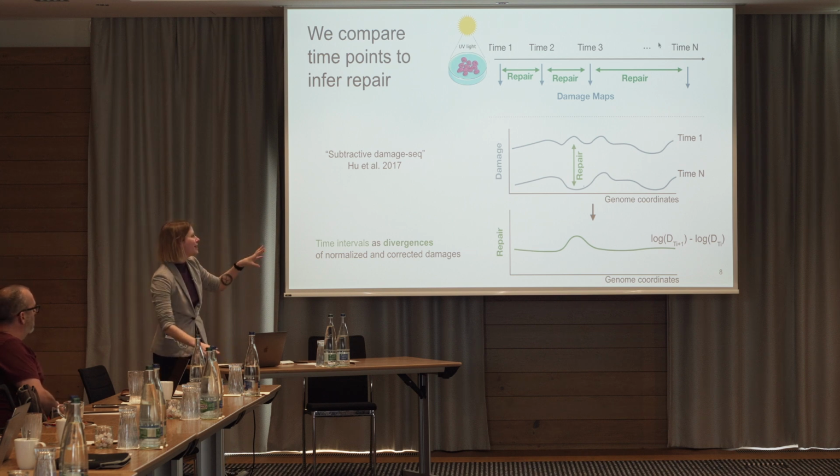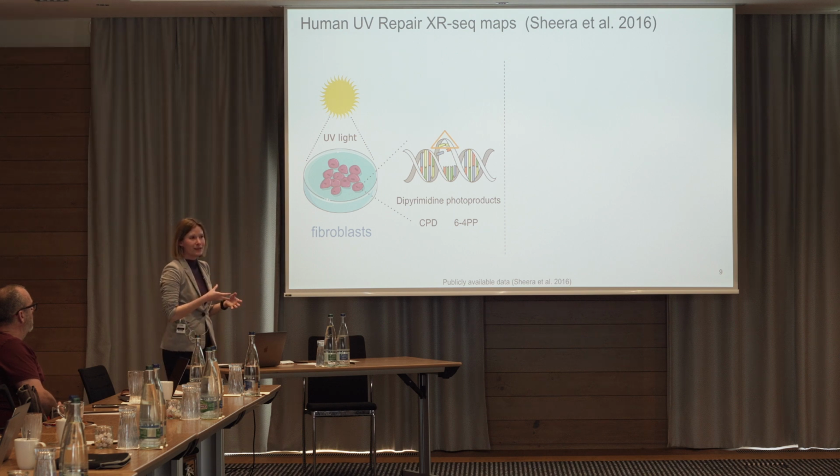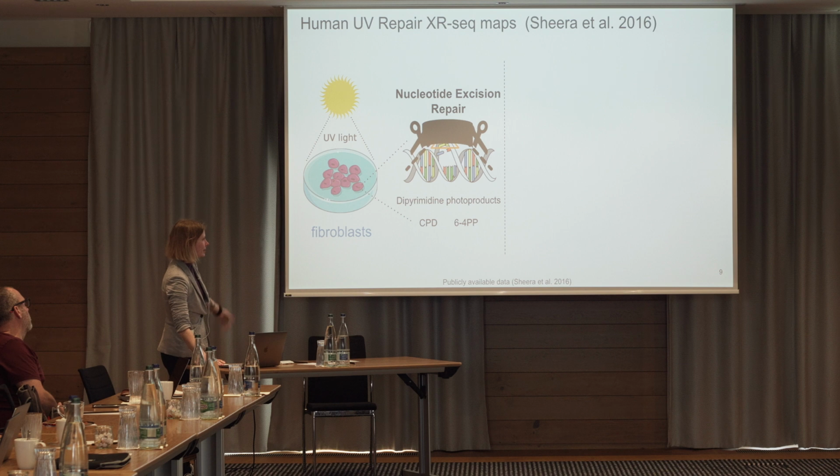So basically, we do this subtractive damage-seq in a bit of a modified version, and we obtain proxies of repair from the damage. But actually, the same lab has generated also repair maps. So what they did is they treated the cells in the same way. They have damaged the DNA. And they know that the nucleotide excision repair comes at some point, and they try to map the excised fragments that it has taken out from the damaged DNA.